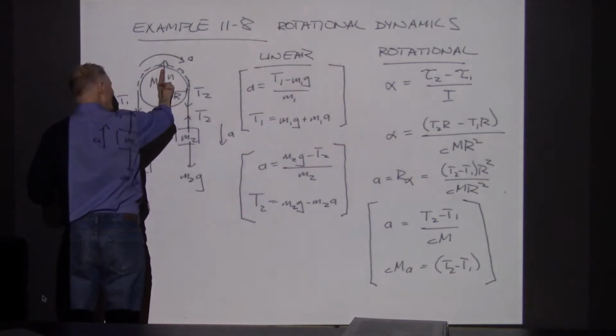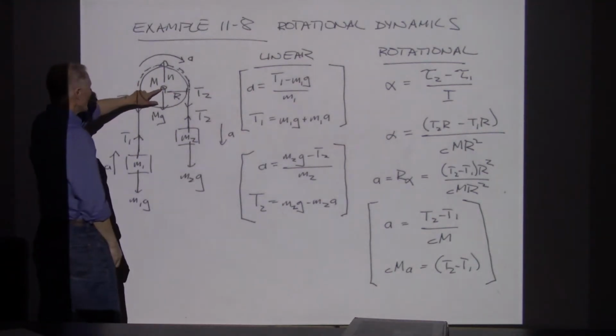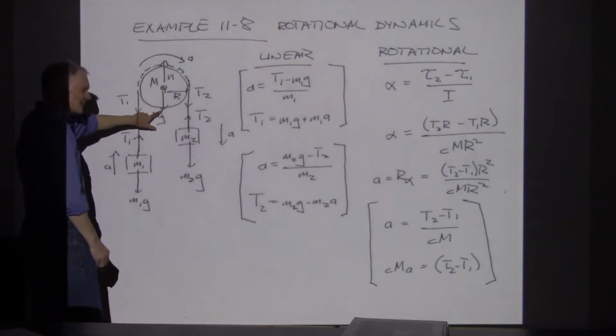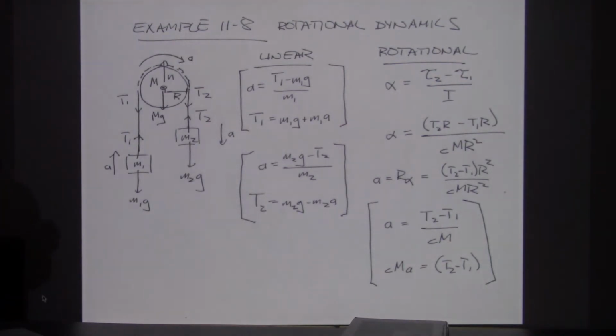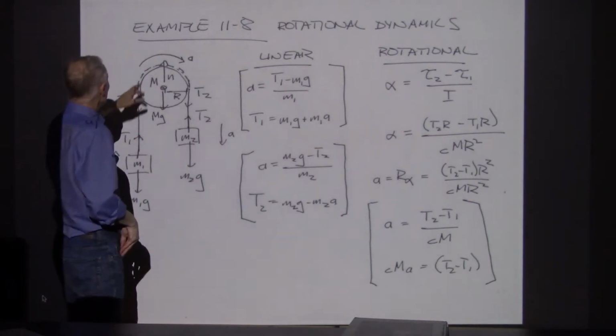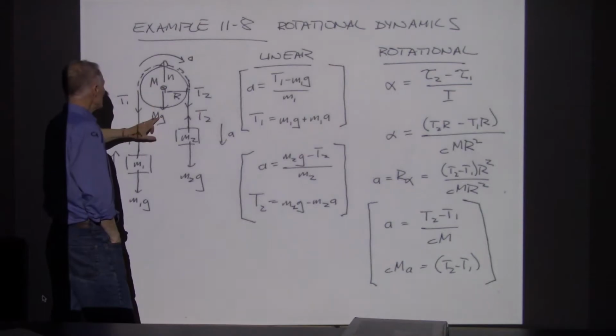Well, that's not going to create a torque because it goes right through the axis of rotation. Mg is not going to produce a torque because if it's a uniform pulley, the center of mass is right at the center of the pulley. That's not going to create a torque either. So N doesn't create a torque, Mg doesn't create a torque.